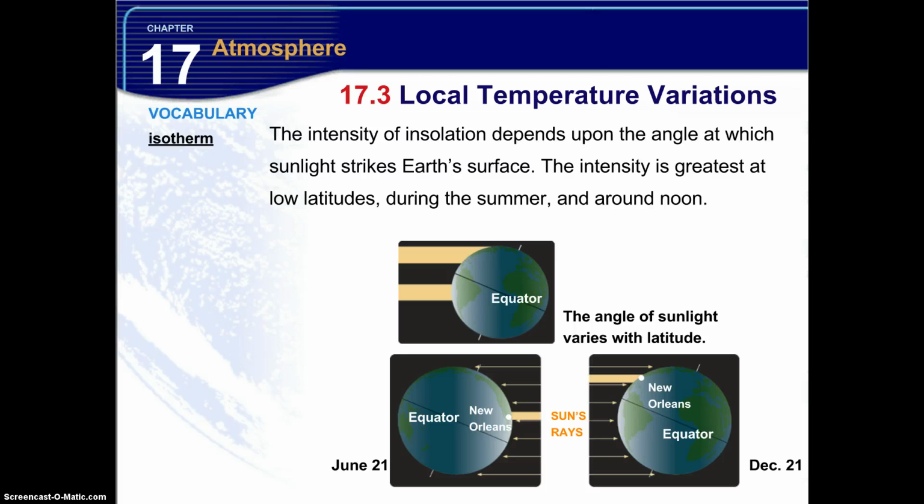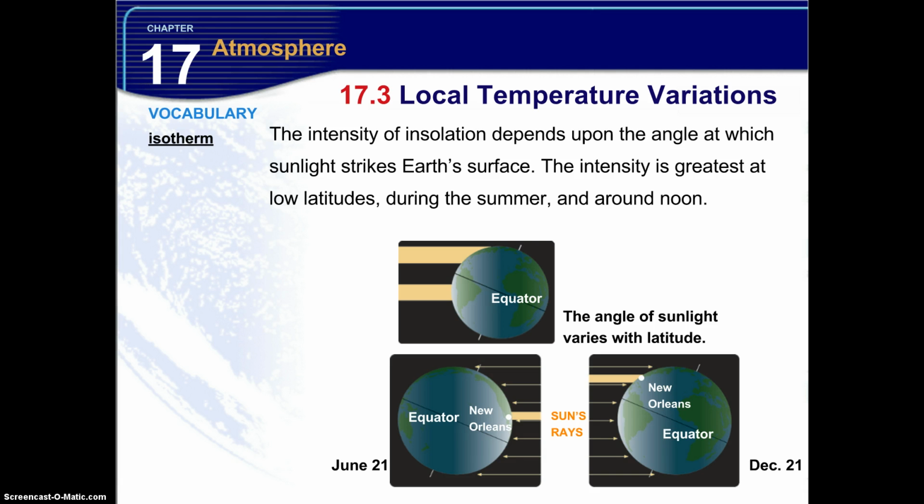So these areas may even have no sunlight at all for some parts of the year and are usually cold year-round. Now, if you're looking at this diagram here, on June 21st, you can see New Orleans is at a direct angle for Earth's insolation. And then December 21st, the angle changes and the intensity decreases. So the angle of sunlight varies with latitude.